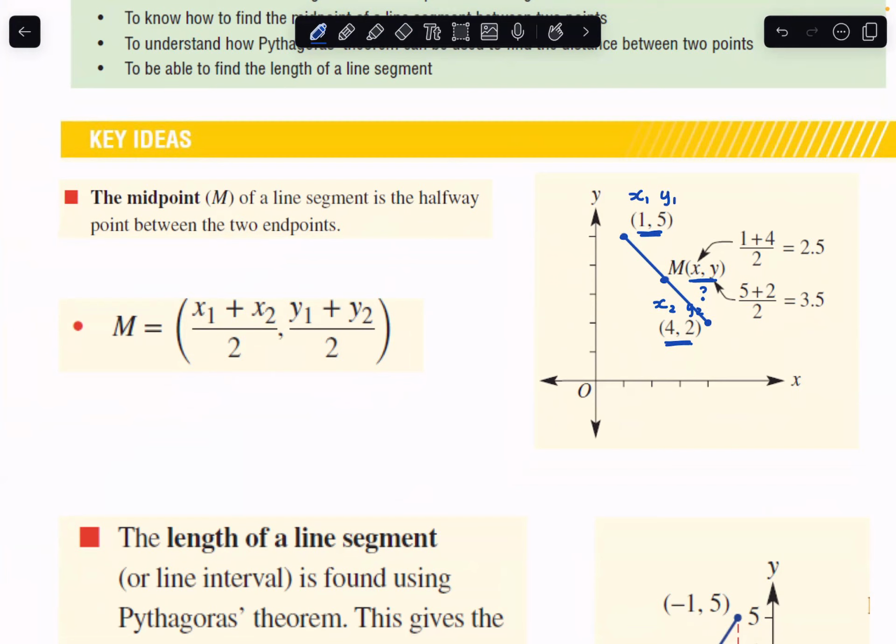The other one will be x2, y2. All you need to do is to substitute into the formula. So first one, that is our x coordinate of the midpoint, okay? And then the second one here, that is our y coordinate of the midpoint.